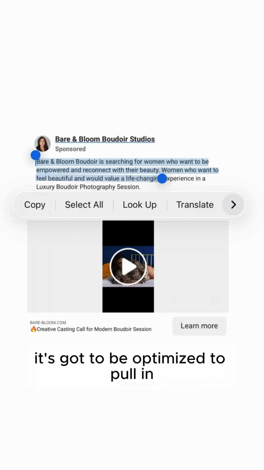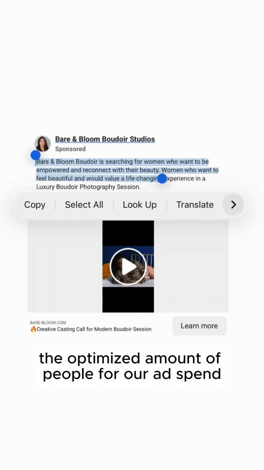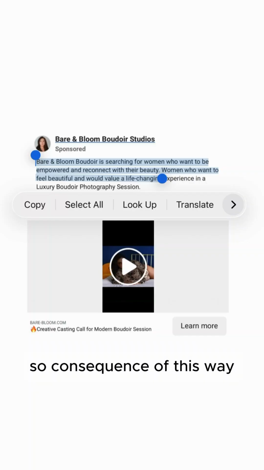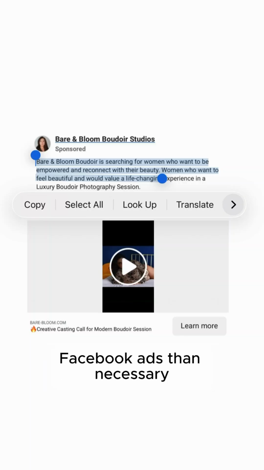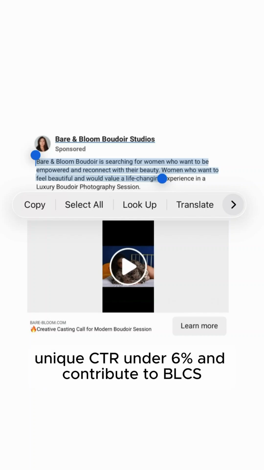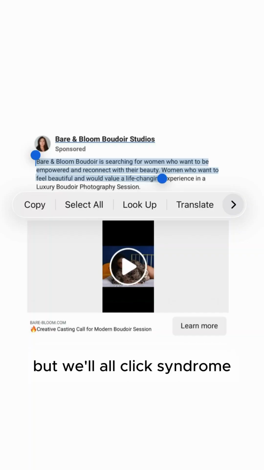It's got to be optimized to pull in the optimized amount of people for our ad spend and get the wrong people to scroll on by. So, consequence of this, way more people are going to be scrolling by our Boudoir Facebook ads than necessary. It's going to pull our unique CTRL under 6% and contribute to BLCS, Boudoir Low Click Syndrome.